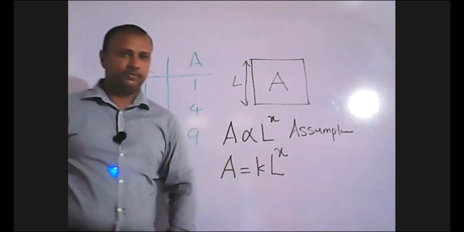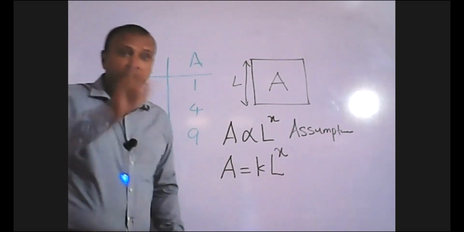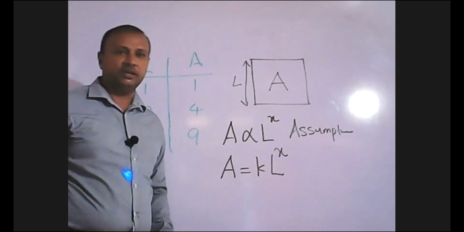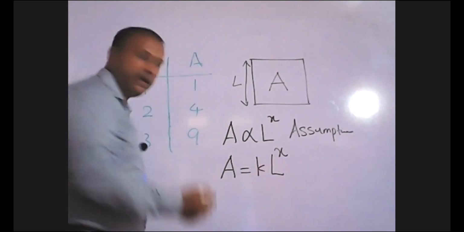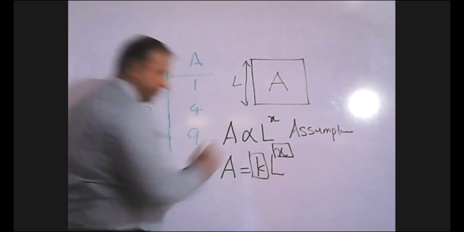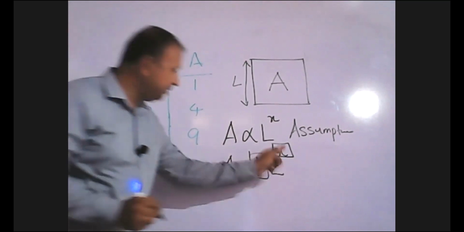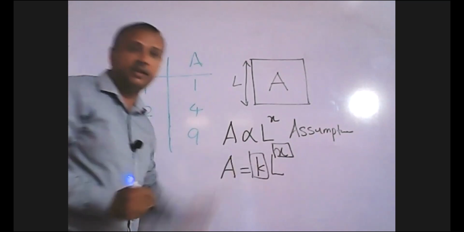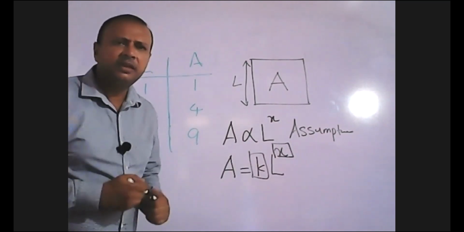So if I want to find the real equation, I have to calculate this thing and this thing. If I can calculate them, then there will be the equation.